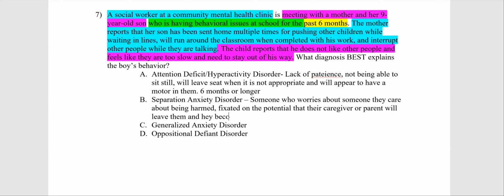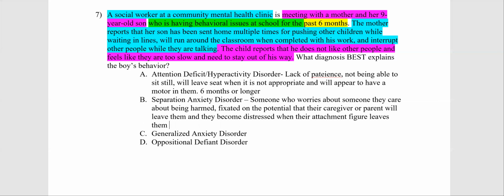and they become distressed when their attachment figure leaves them. And we are also looking at 4 weeks or longer for a child.